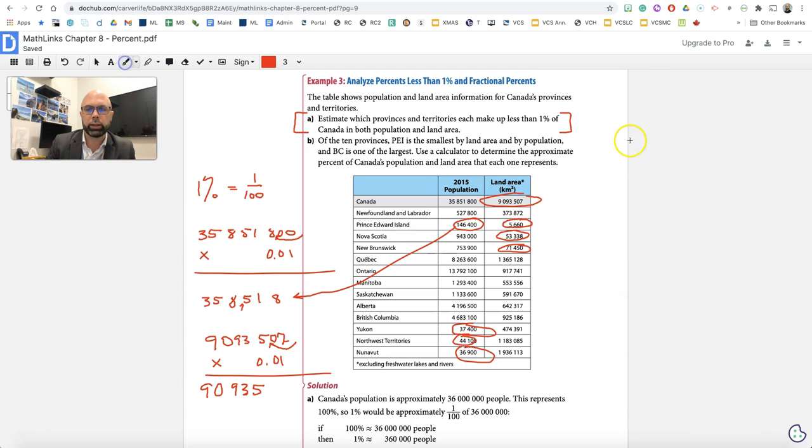They don't really give us a good place to write this. So basically that would look like PEI, population, 0.4%.